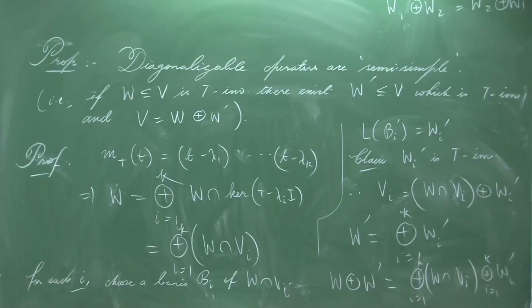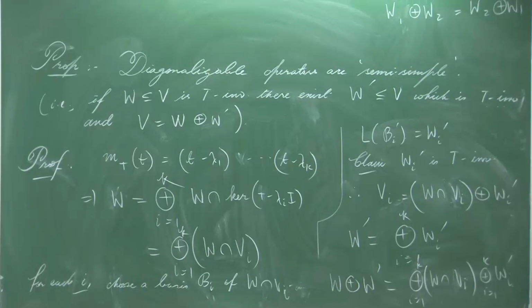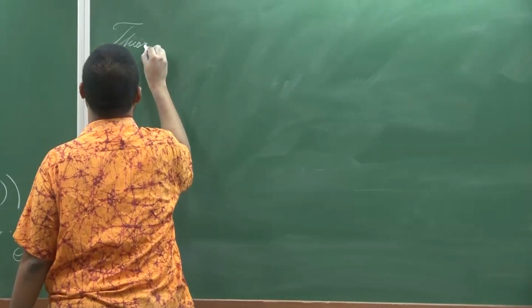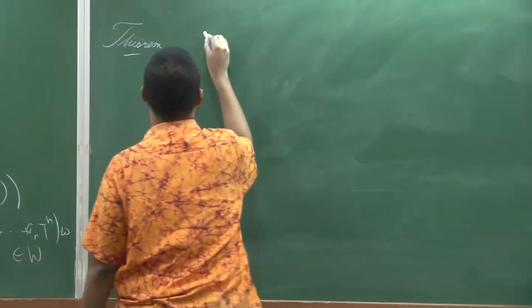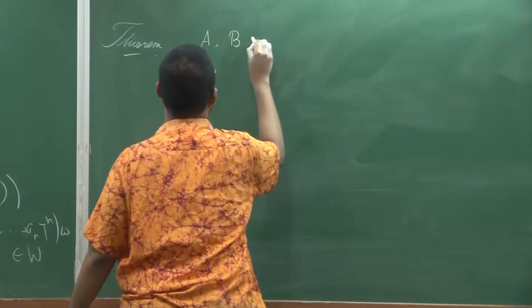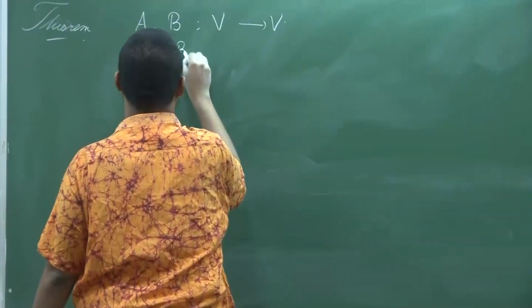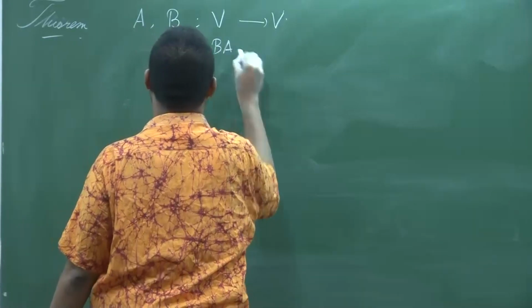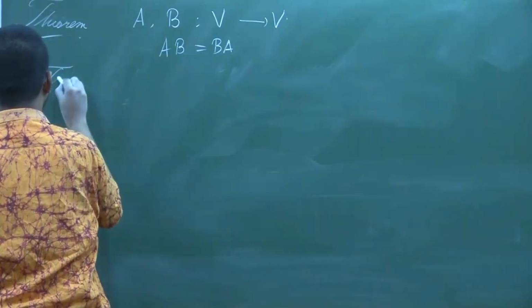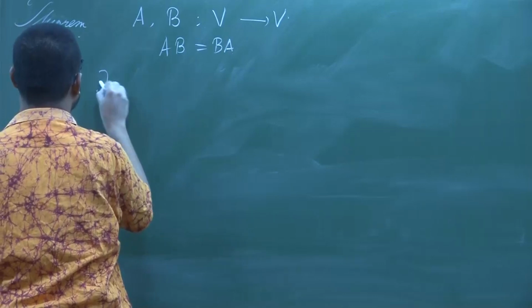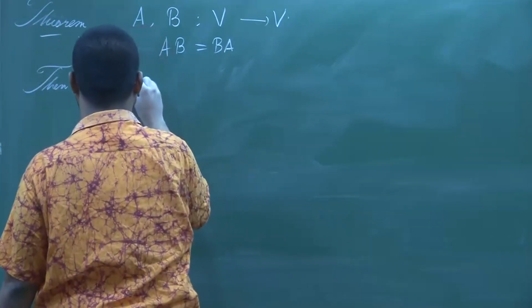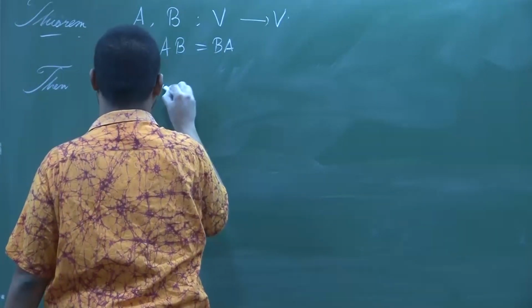With that I will finish diagonalization, simultaneous diagonalizability. So, the theorem. Suppose A and B are linear operators and they are commuting, then there exists a common eigenbasis.